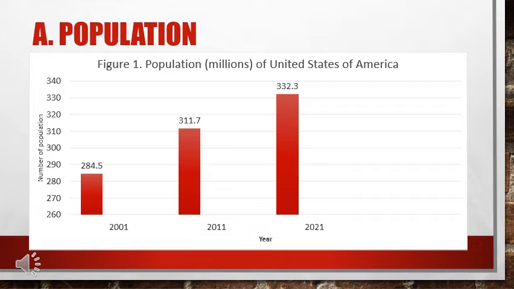From this, it can be observed that the number of populations from 2001 to 2021 is increasing. However, the growth rate is decreasing since the growth rate in 2001 to 2011 is much higher than the growth rate of 2011 to 2021.